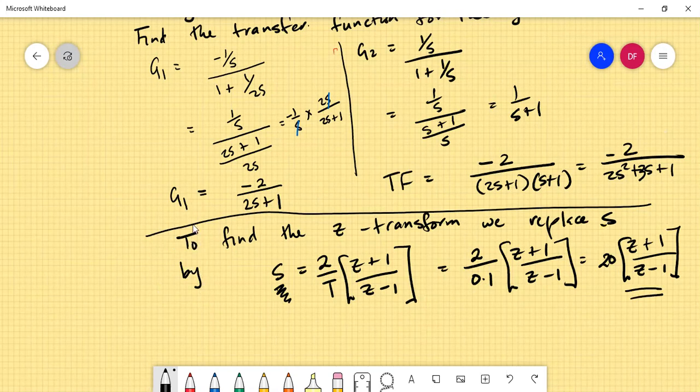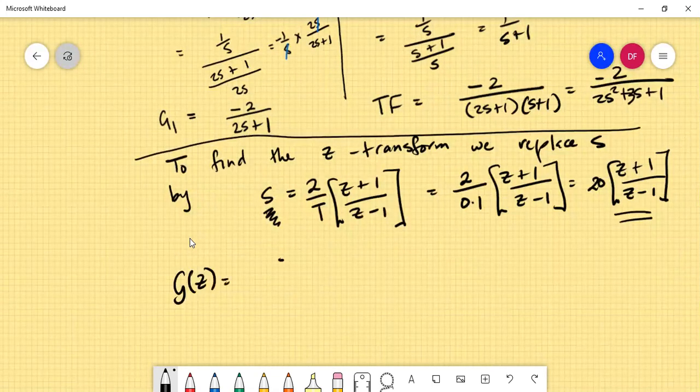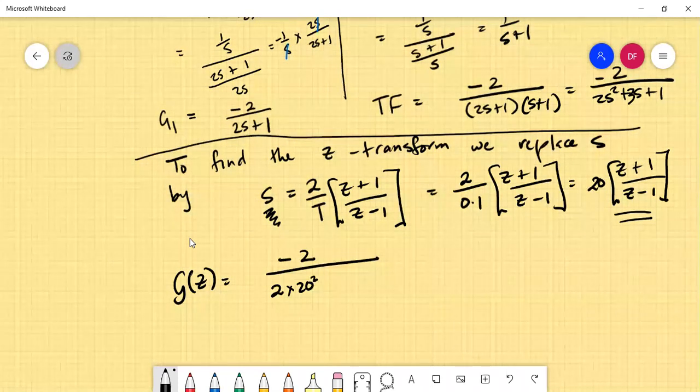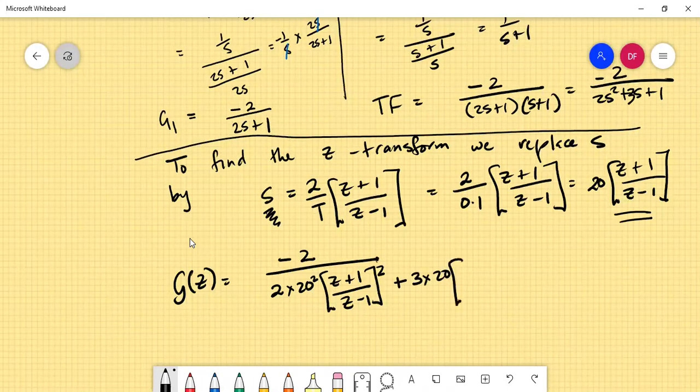So G(Z) now is going to be minus 2 over 2 times 20 squared (Z plus 1) over (Z minus 1), squared, plus 3 times 20 (Z plus 1) over (Z minus 1), plus 1.